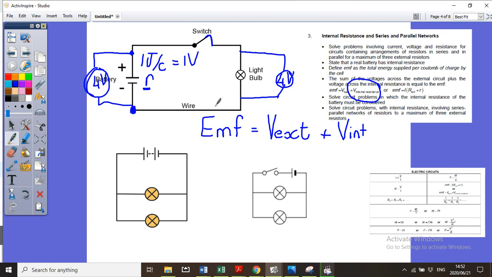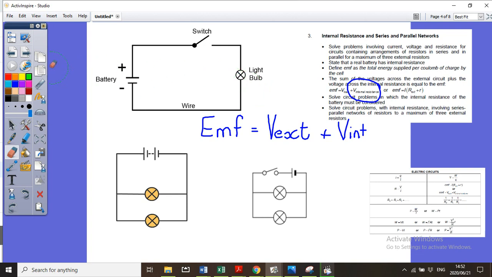Now, what they often ask in an exam is if something is changed about a circuit, how will that reading change? So you will have a voltmeter connected across your battery here, like we had. Remember, if there's no internal resistance, this voltmeter will give us the EMF. Also, when the switch is open, that voltmeter will give me the EMF. But if the switch is closed and there is an internal resistance, they normally mark it with a little r.